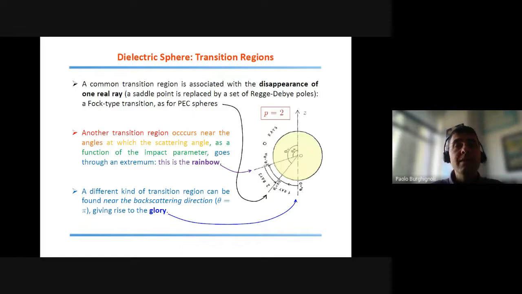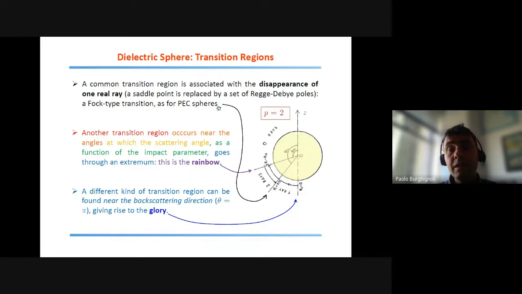And this is a standard, common transition region in which you have the disappearance of a real ray, because a real ray is present on the lit side, but it is not present anymore in the shadow side. And analytically, this means that a saddle point is replaced by a set of Regge-Debye poles. So instead of having an incident ray, you have a set of creeping waves, and with a transition region of the Fock type, exactly as for the perfectly conducting spheres.